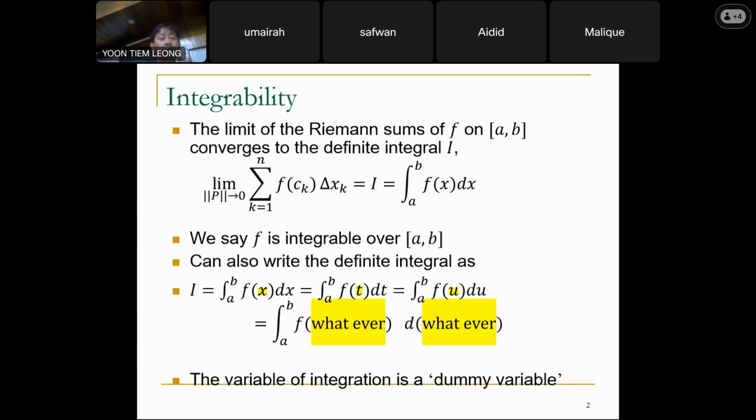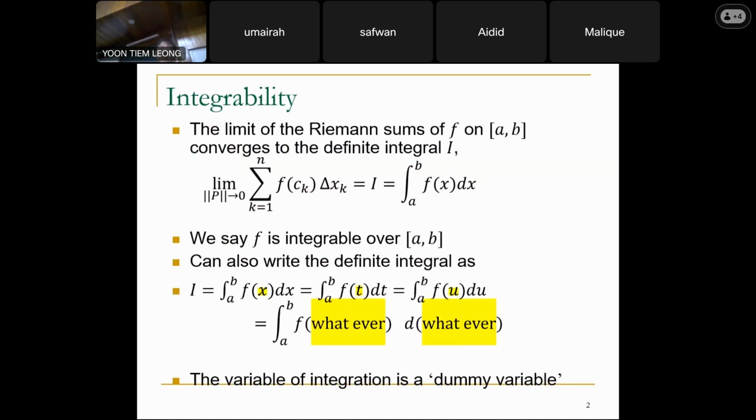And the limit of the Riemann sum, here we represent the number or the value of the limit of the Riemann sum by I. So here I is just a number. That means it represents the finite value of the Riemann sum.